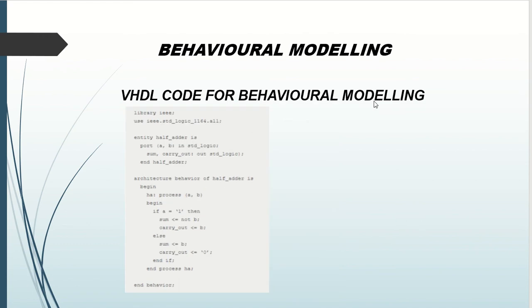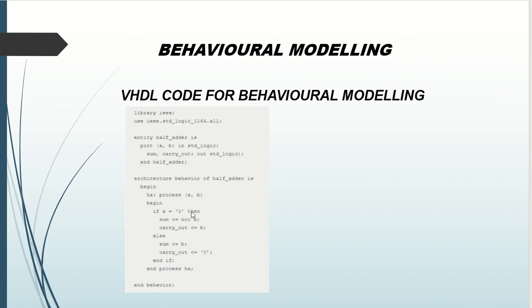Behavioral model, VHDL code for behavioral model. Again we use this package, entity of adder. Of adder is a name, is a keyword. The declaration starts: A, B are the inputs, sum and carry are the outputs. Hence the entity declaration, then architecture behavior of adder is begin. Process (A, B) begin.